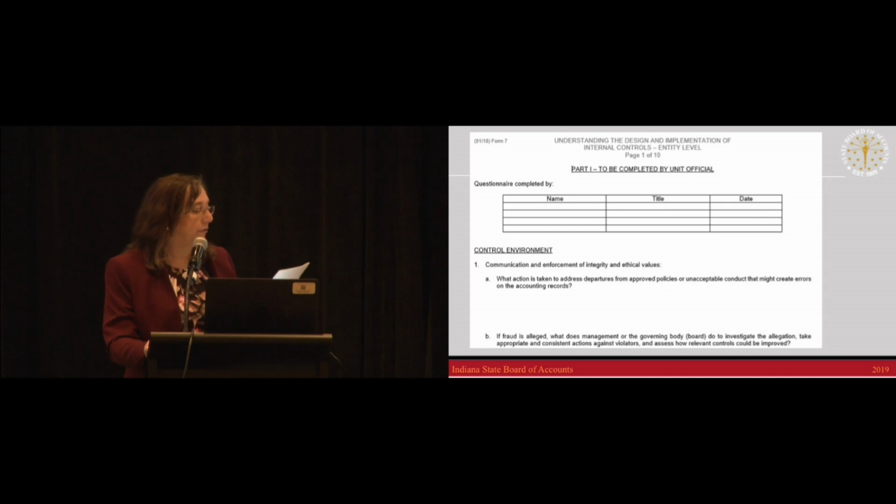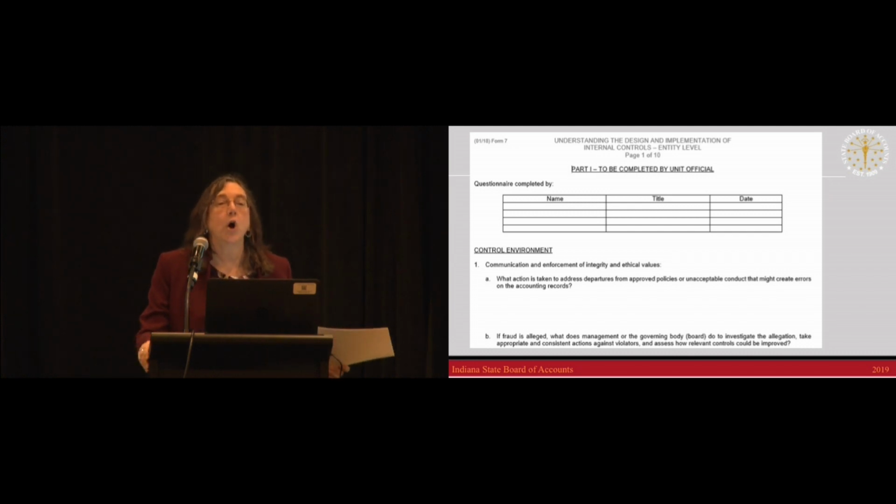So the first question is, what action is taken to address departures from approved policies or unacceptable conduct that might create errors on the accounting records? We're asking you, when it doesn't go the way you think it's going to go, what do you do? Do you say, oh well, maybe next time? Do you have policies in place to address it?